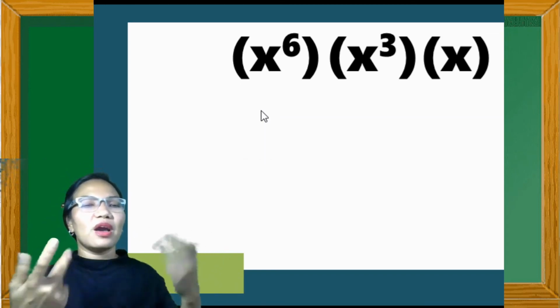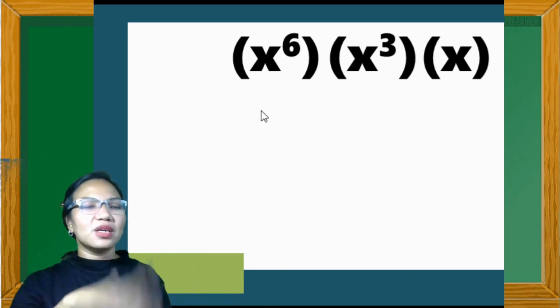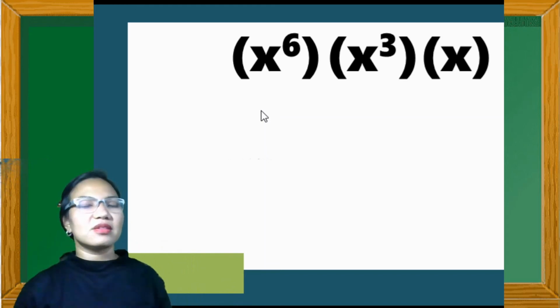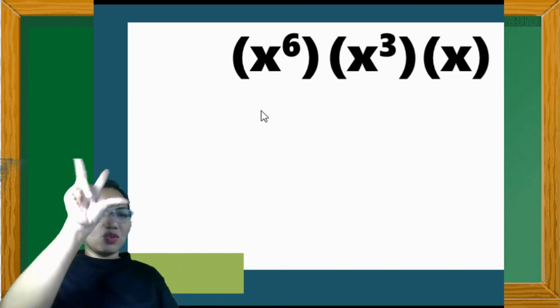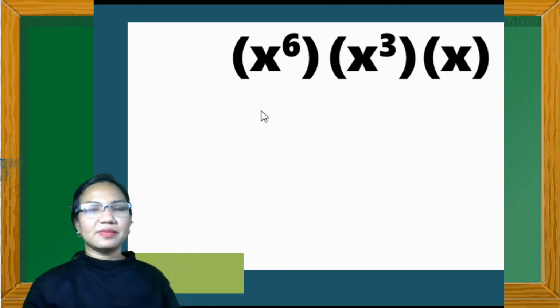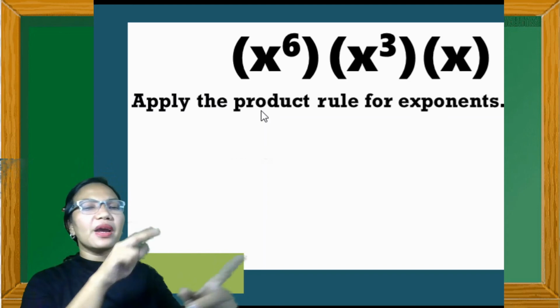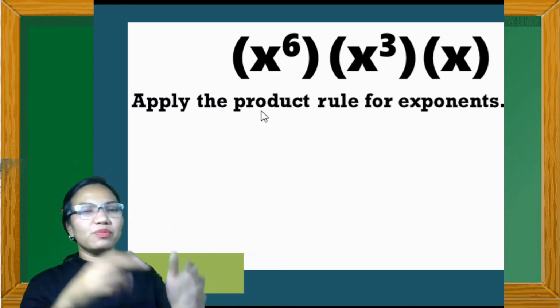So here we have three monomials: x to the 6th power, x cubed, and x. We apply the product rule for exponent.